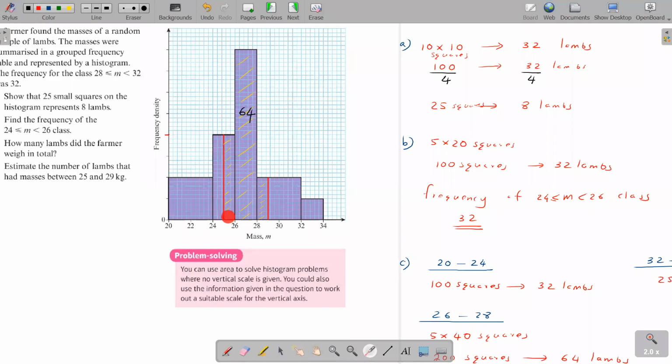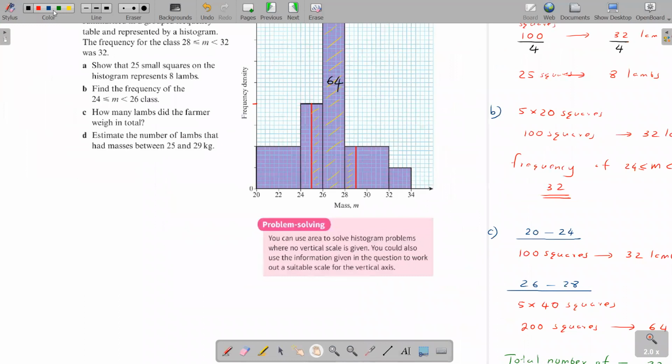Since I'm taking half of the bar, the frequency in the 25 to 26 is half of 32. Guys, do you agree? How much is half of 32? 16. And in the 26 to 28 bar, there's nothing for you to change.